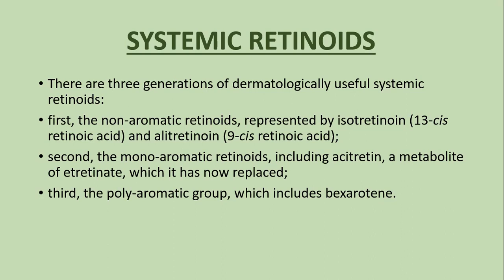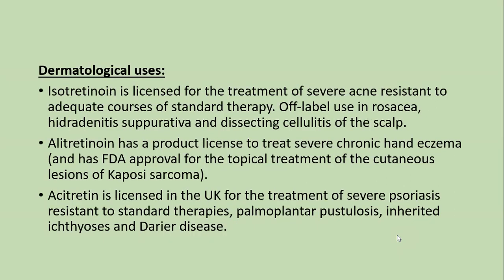Then monoaromatic retinoids include acitretin, which is a metabolite of etretinate and has now completely replaced etretinate. Then the third kind is the polyaromatic group, and these retinoids include bexarotene. Non-aromatic: isotretinoin and L-tretinoin; monoaromatic: acitretin; and polyaromatic: bexarotene.